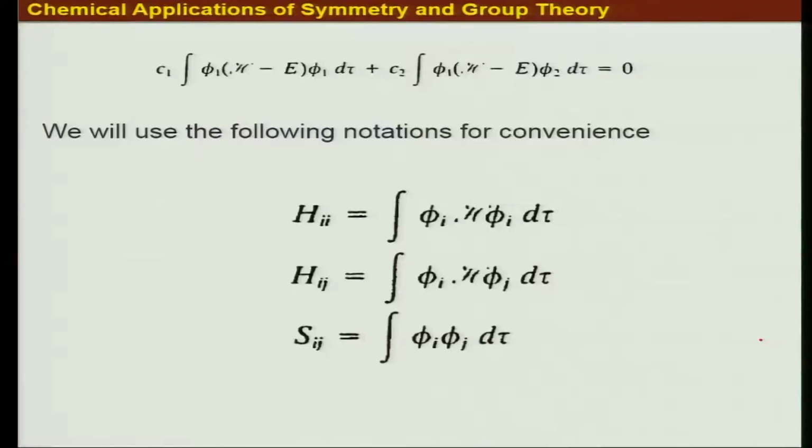What I just said is written here, right? I multiplied both the sides by phi 1 and then integrated over d tau. So that will remain equal to 0.